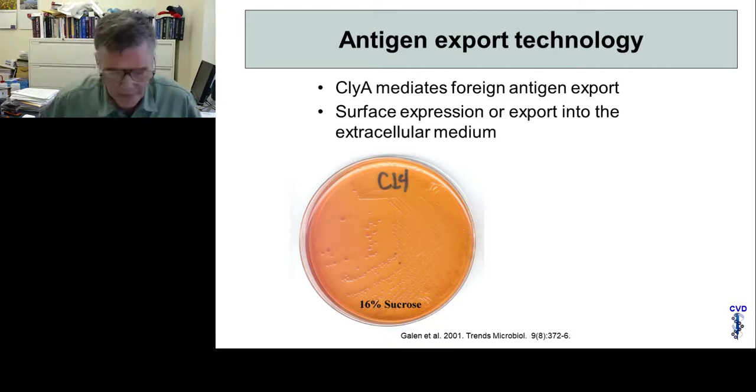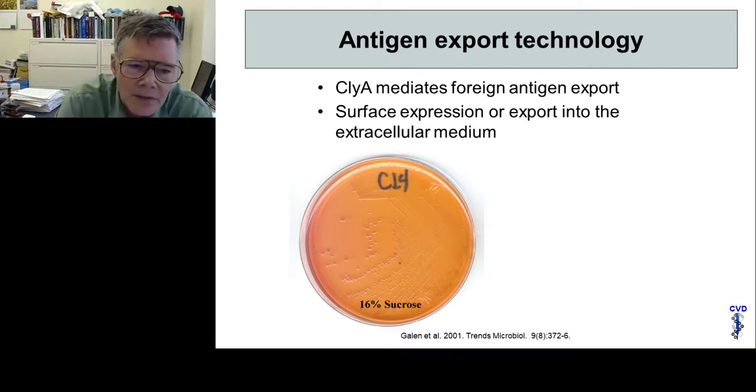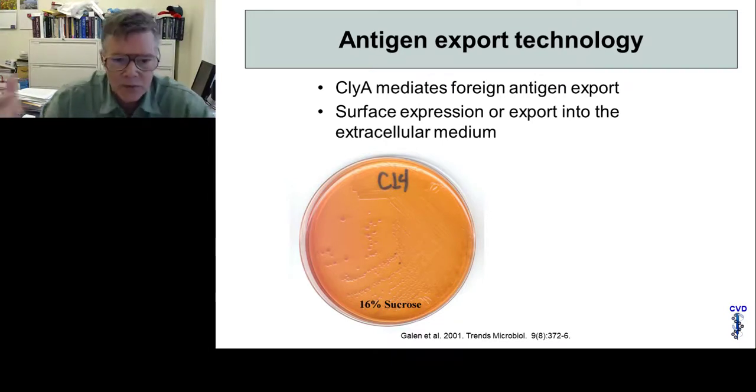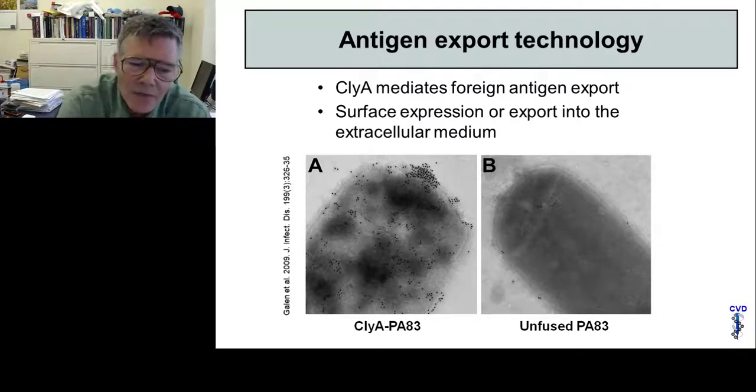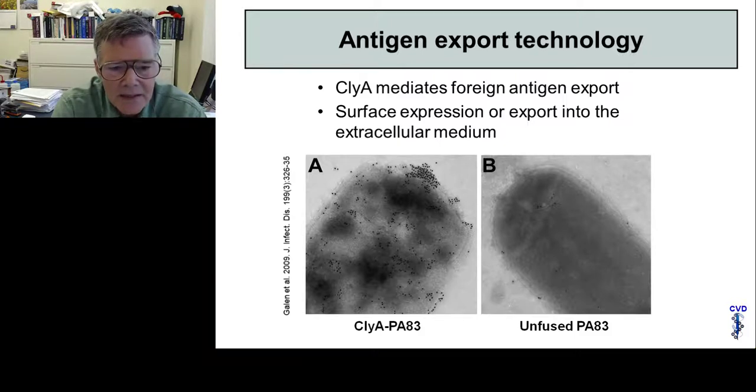But NIH doesn't care about expression of ClyA-SacB on the surface of cells, so we had to do something relevant here. I keep referring back to PA83. We ended up making a vaccine against anthrax, targeting protective antigen from anthrax toxin. In this slide, in panel A, you can see Salmonella Typhi.